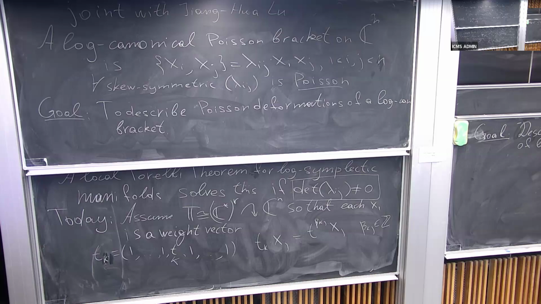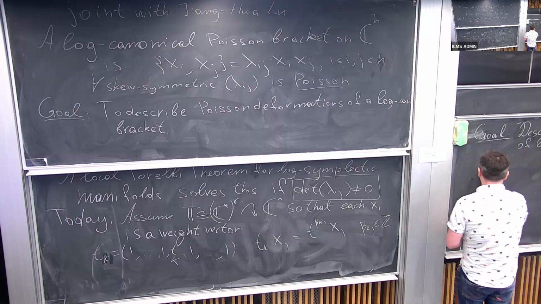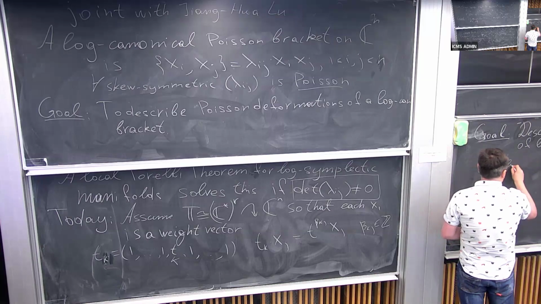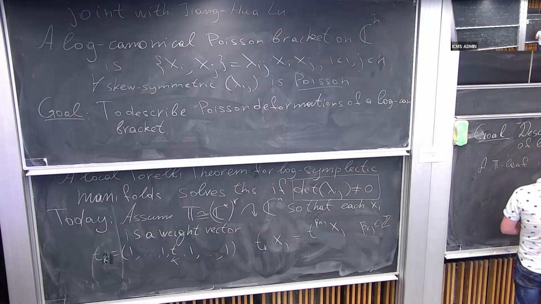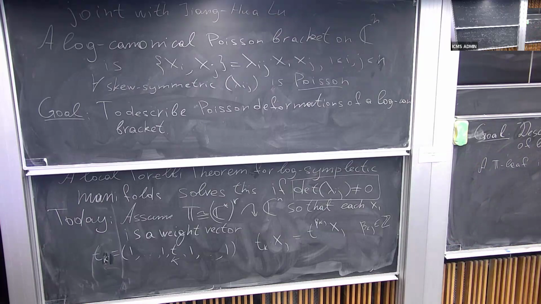A T-leaf is a union of translations of a symplectic leaf. I'm assuming that there is a symplectic leaf whose translations, the union of all translations, form an open subset.